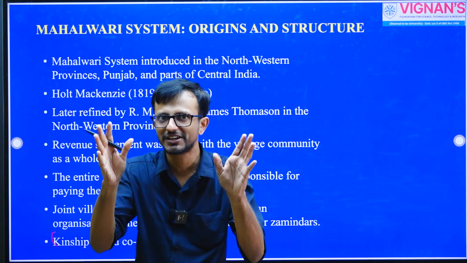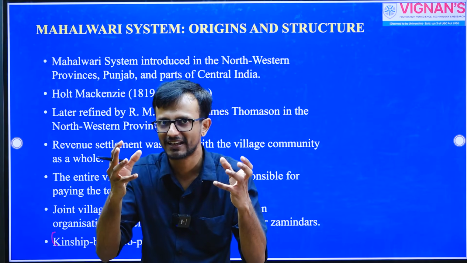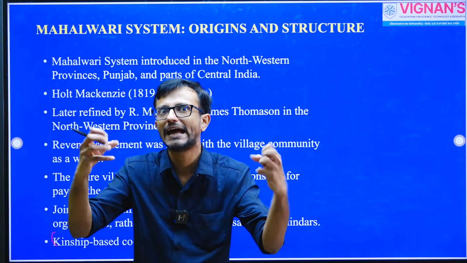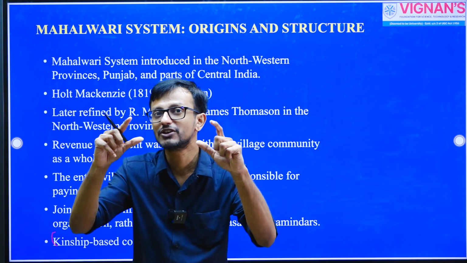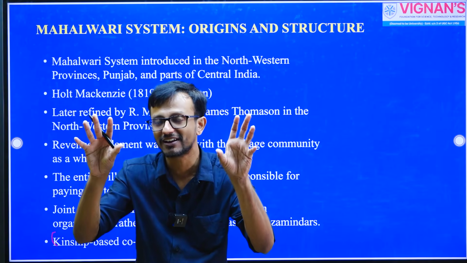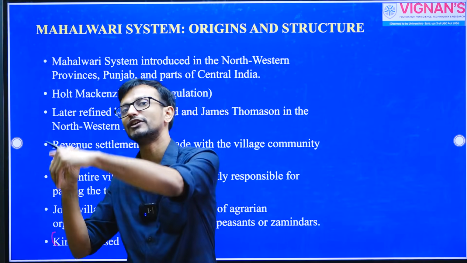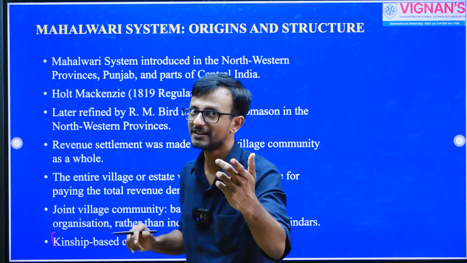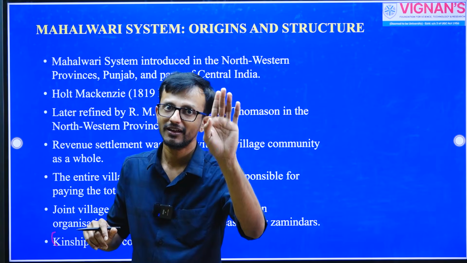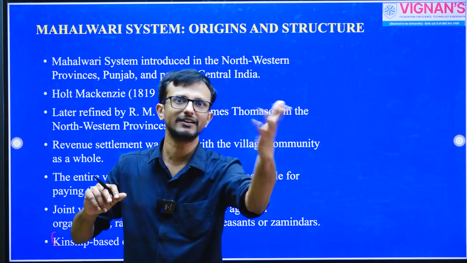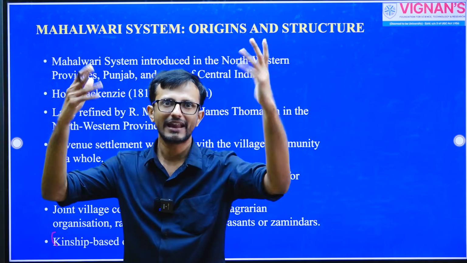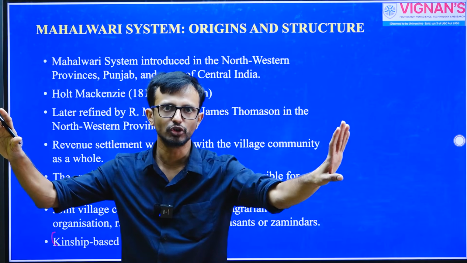So based on blood relationship you are owners basically, right? And you have to pay that revenue. So it is based on kinship, on blood relation, that you are paying the revenue to the colonial state. Because in the Bengal permanent settlement, the zamindar wouldn't be related to you by blood, he would be some random person who won't be connected to you.